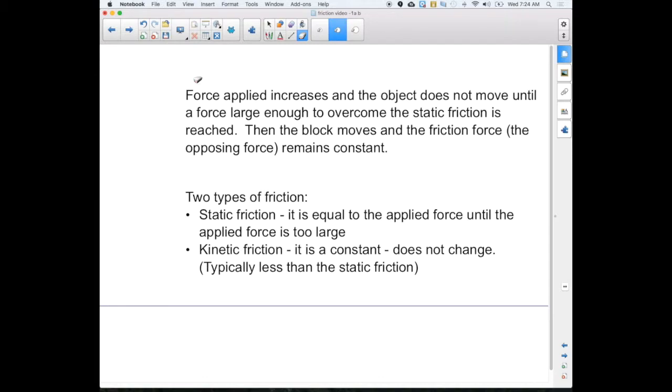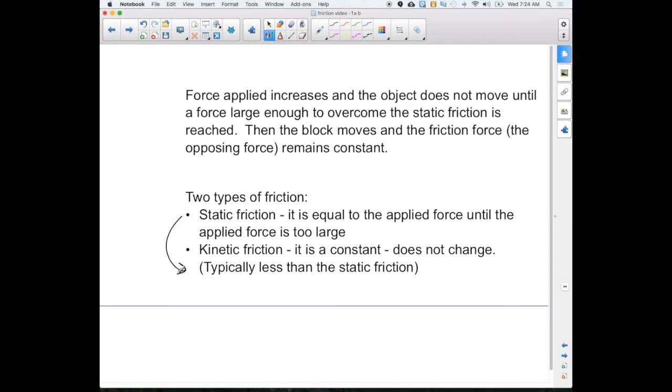There are kind of 2 types of friction forces. We said that static friction is equal to the applied force until the applied force is too large. Then the block slides, and the static friction goes to kinetic friction.